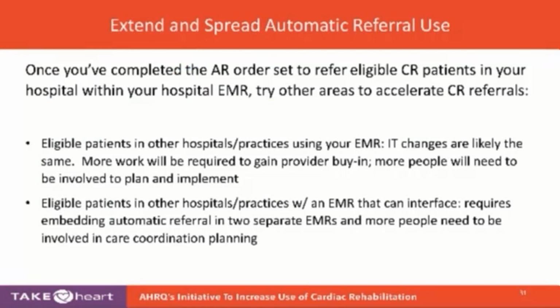Will be a little bit harder, but if it's the same EMR, it's more doable. And then using it with hospitals or practices where they may have a different EMR. But if that's an important source of referrals for your cardiac rehab unit, those may be options that you want to consider.